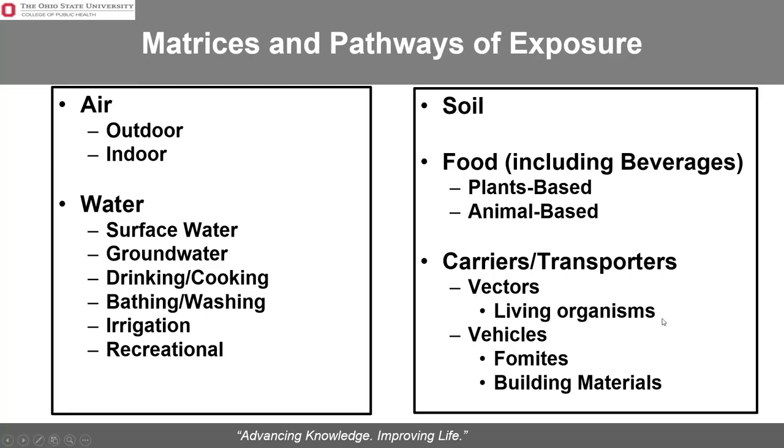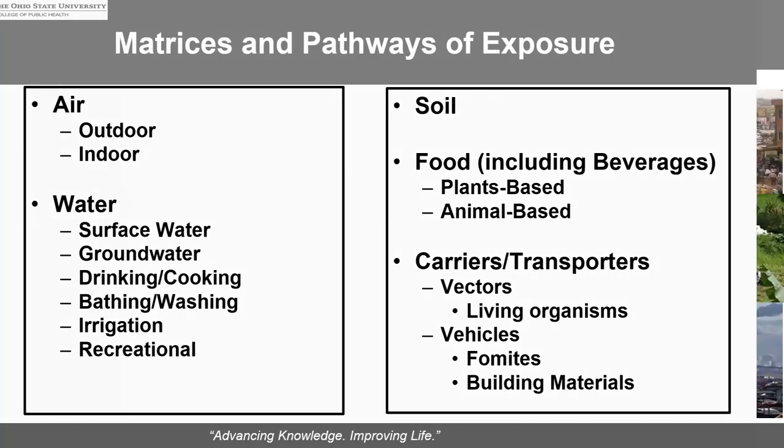I'll show you some diagrams of this later, but vectors and vehicles are certainly other categories that we can include when we talk about matrices and related pathways of exposure.